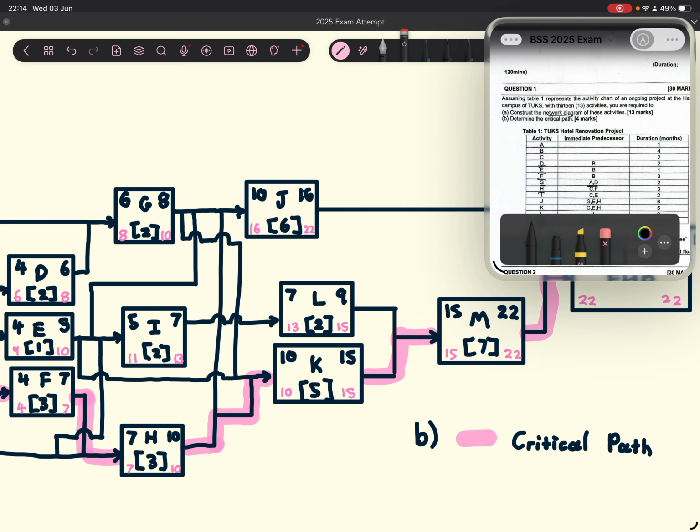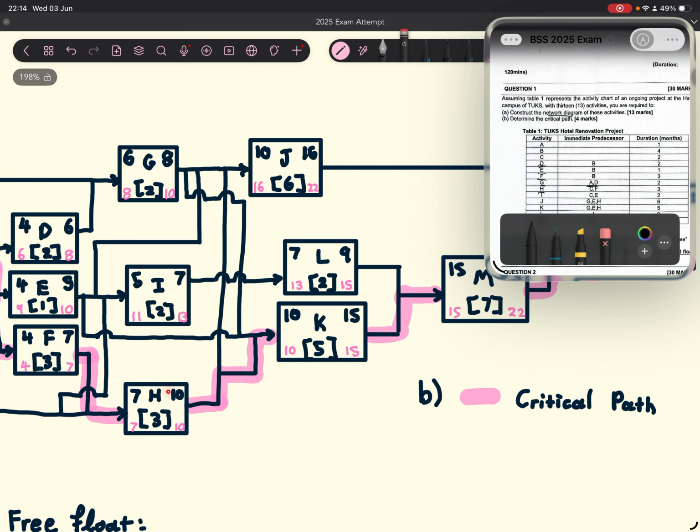Okay, and one way to make it easier to follow the path, because it's hard to see this path, for example going back to K: go to the activity that you want to investigate and then trace out its connections. So you can see it's connected to that.